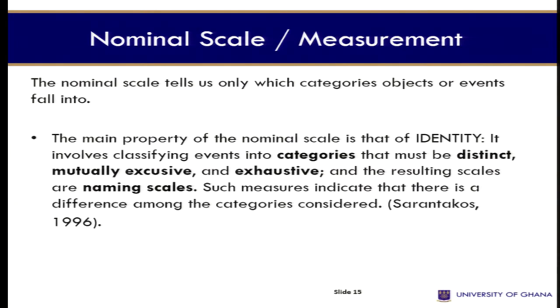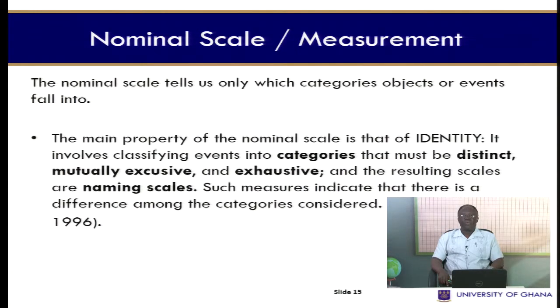Let's consider the nominal scale. The nominal scale has only one property, which is identity. It is a naming scale. The scale only classifies objects into distinct categories, and for that matter, they must be mutually exclusive and exhaustive, as we saw early on.